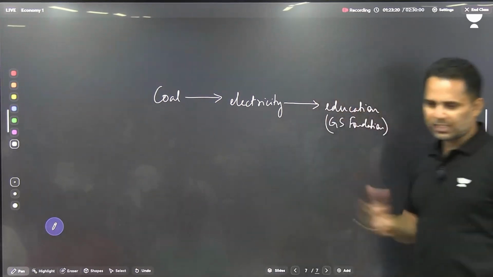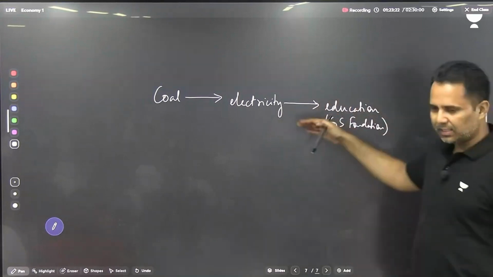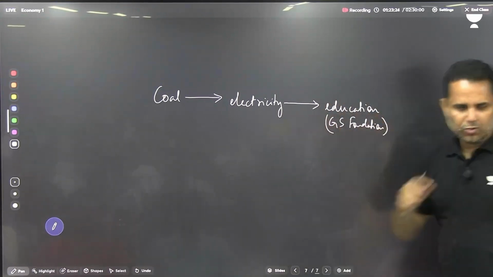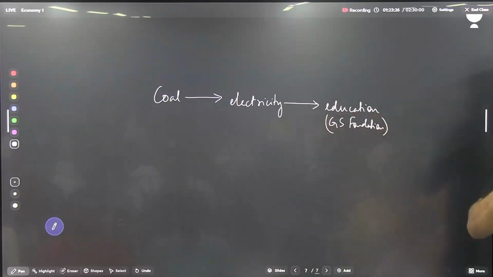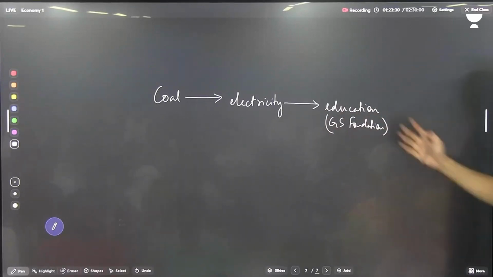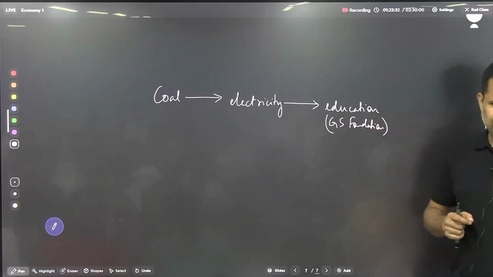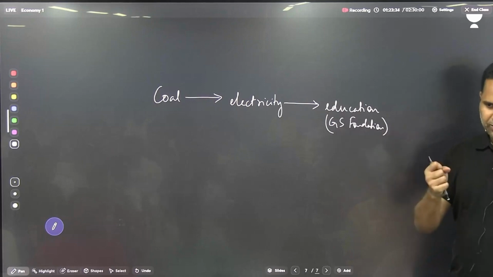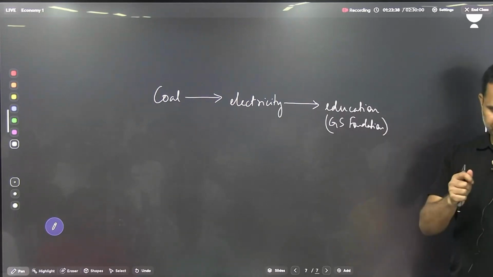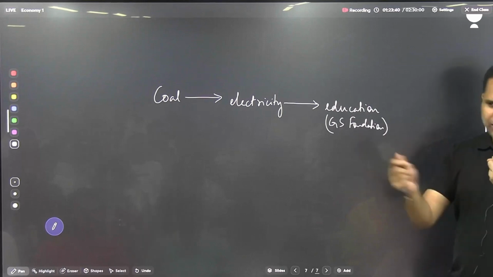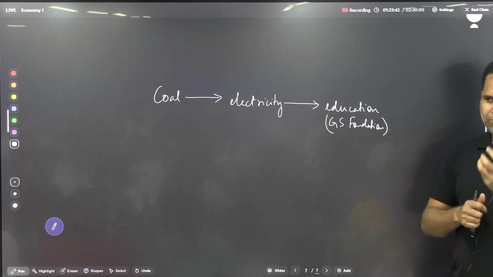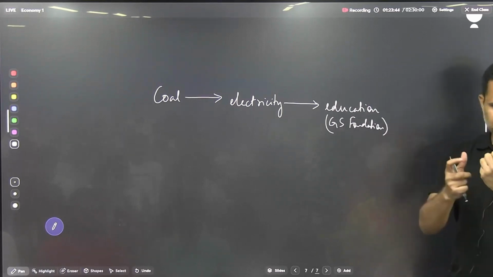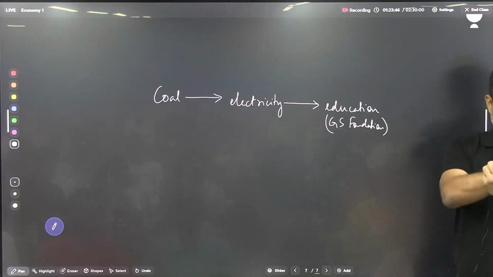कोल से इलेक्ट्रिसिटी जनरेट हुआ, इस इलेक्ट्रिसिटी से एजुकेशन प्रोड्यूस हुआ. What is the last transacted product in the market? Yes, foundation course. Unacademy purchased an intermediate good called electricity, the way Maruti is purchasing rolled steel and producing cars.